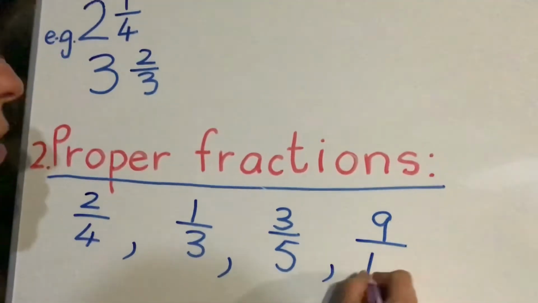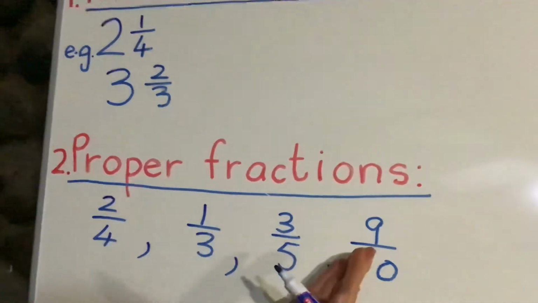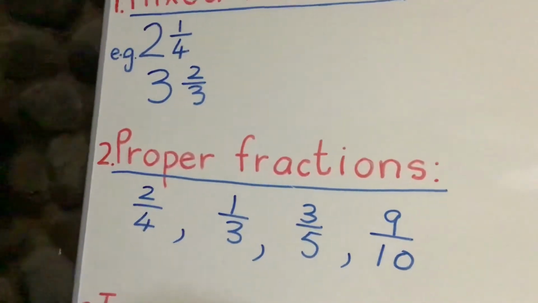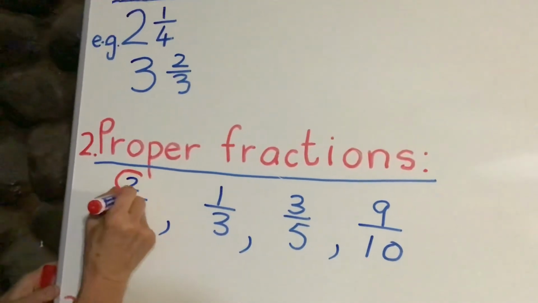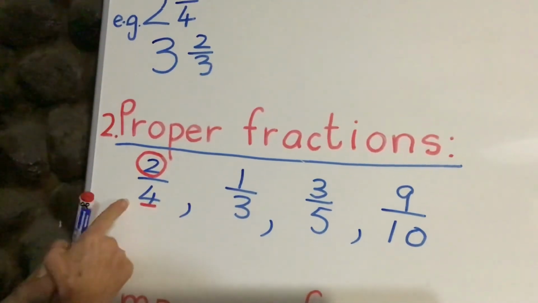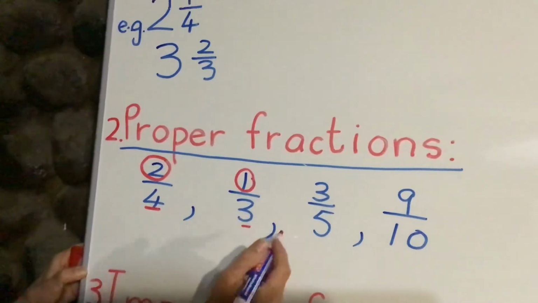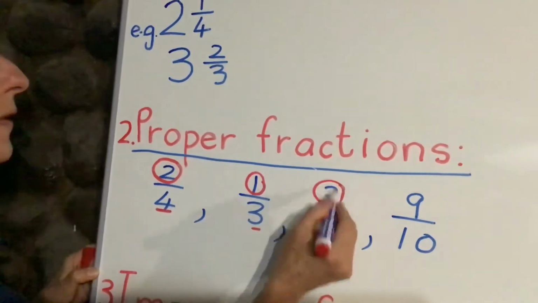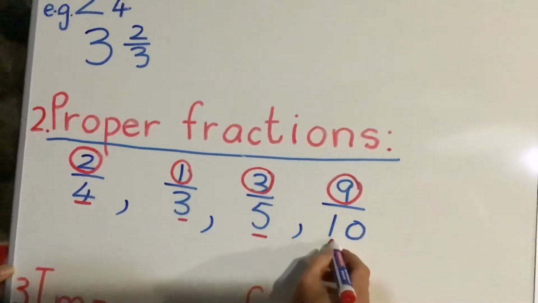All of these are called proper fractions because if you take a look at all of these, I want you to take a careful look here. The top number, the numerator, is smaller than your denominator. Can you see? The numerator is smaller than the denominator. The numerator is smaller than the denominator. The last one, the numerator is smaller than the denominator.